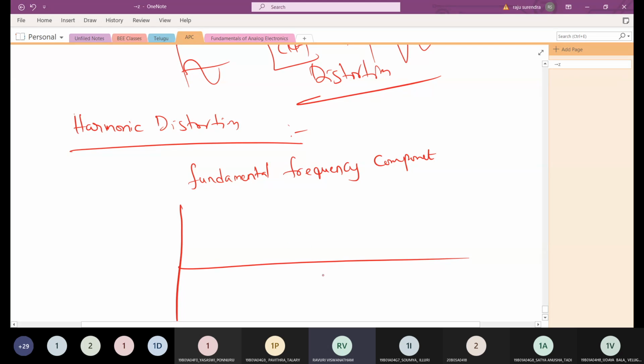This is a signal. In this, which is the fundamental frequency component? I want to draw two more signals.